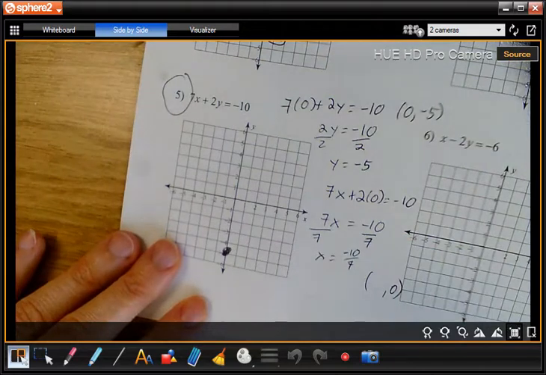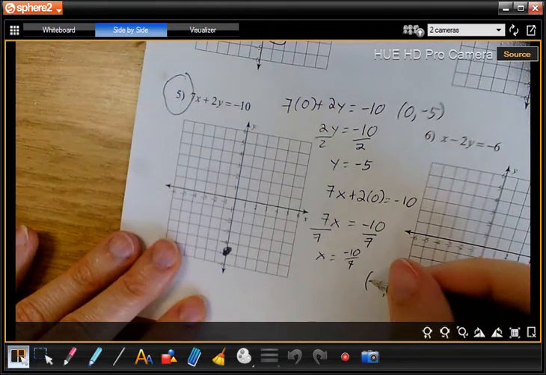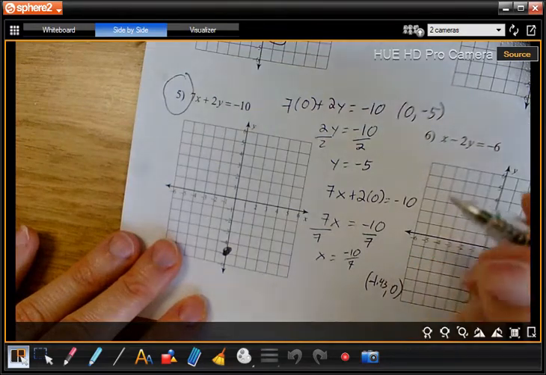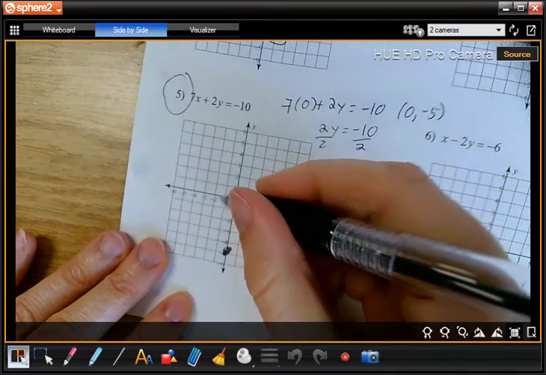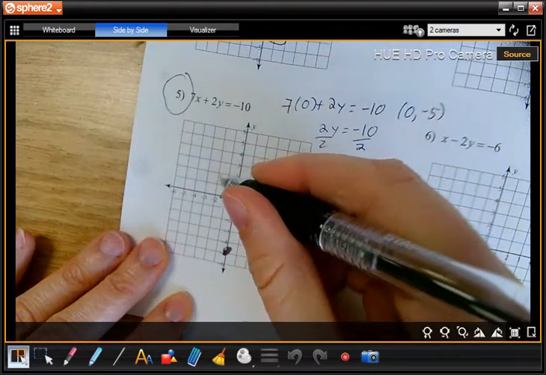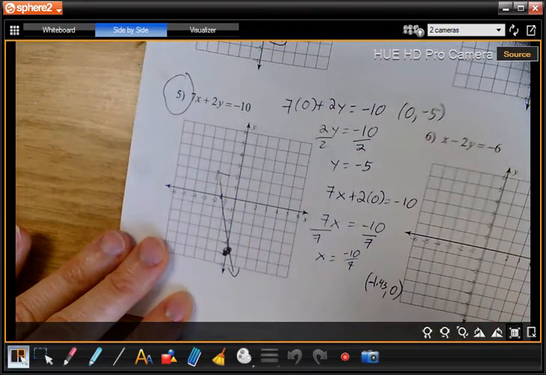So I'm going to change that into a decimal just because I find that easier to graph. I've got 10 divided by 7. I get 1.43. So that gives me -1.43. So when x is -1.43, so just under half, y is 0. A little hard to see.